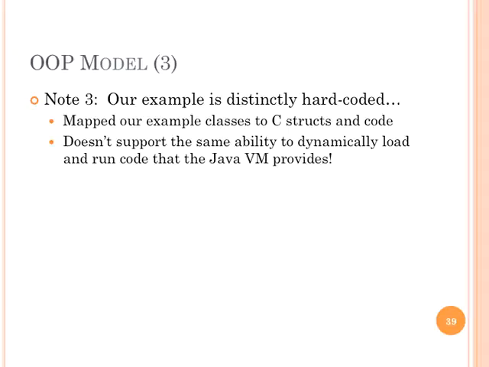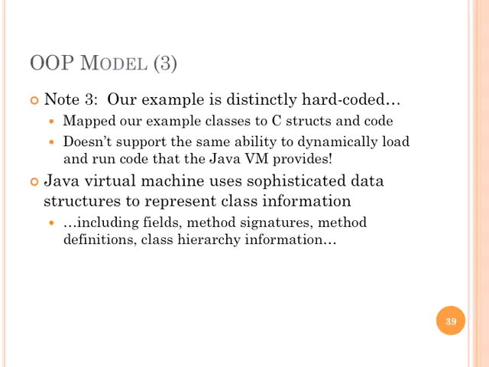I'll be able to invoke methods, and having never seen that type before, I'm allowed to do all that in Java because of this very powerful way that it represents classes. So like I say here, we have very sophisticated data structures in Java to do all that kind of stuff. C++ doesn't have that. Neither does our example. We don't have anything like that. You can imagine how you could extend this to add that, but we certainly don't have that at all.